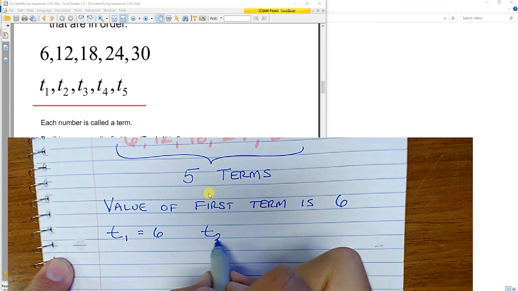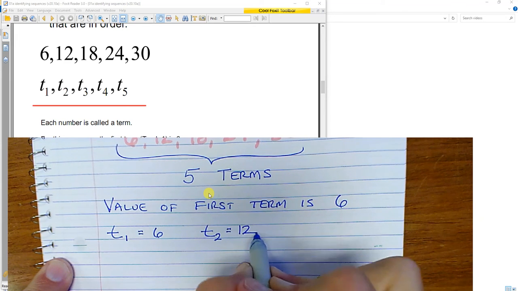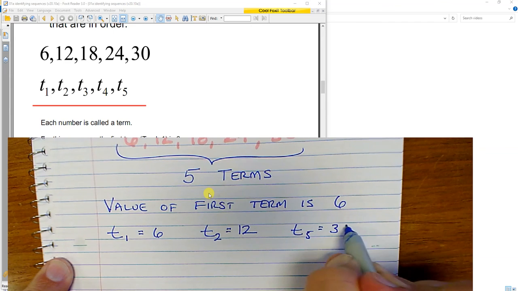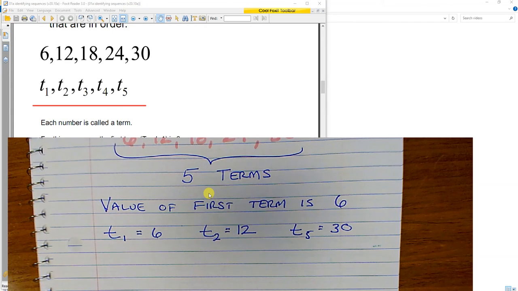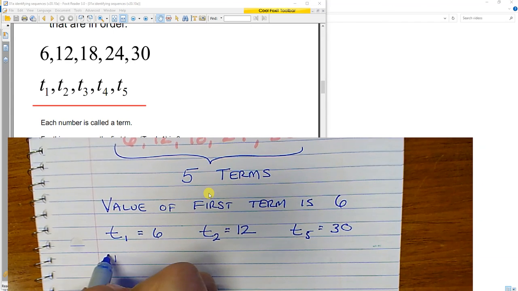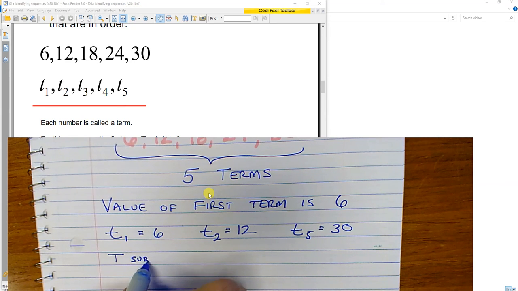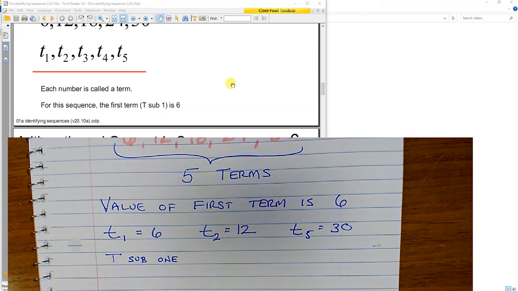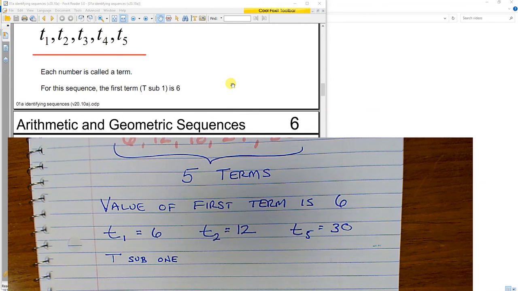T sub 2 equals 12. T sub 5 equals 30. It's pronounced t sub 1. So each number is called a term. For this sequence, the first term, t sub 1, is 6.